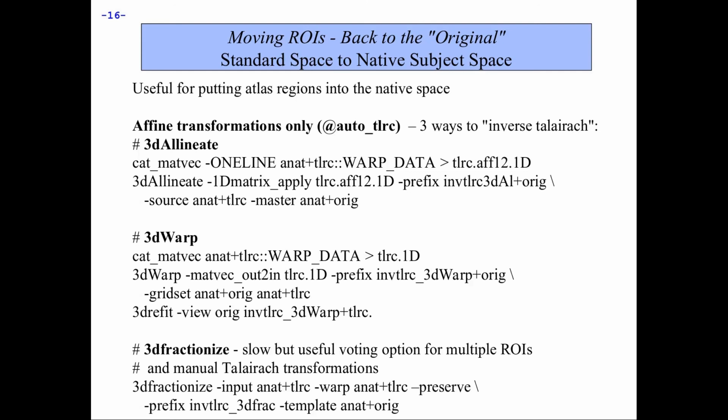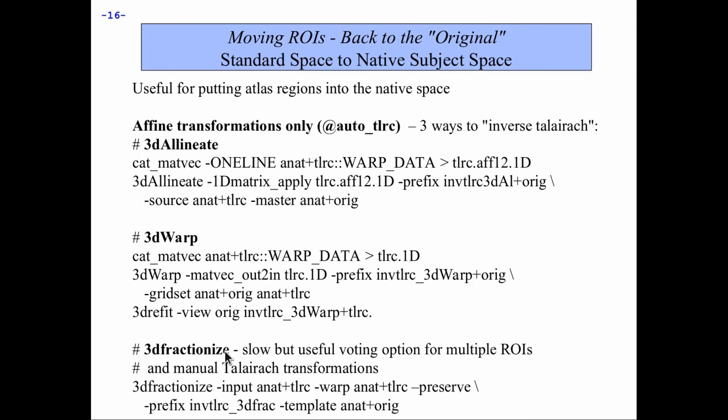You just want to put everything in the original location if you're doing high resolution layer work, for instance. So you may do something like this. These are three different ways that you would do this from standard space using basically 3dAllineate, 3dWarp, or 3dFractionize. This is the program we just talked about.